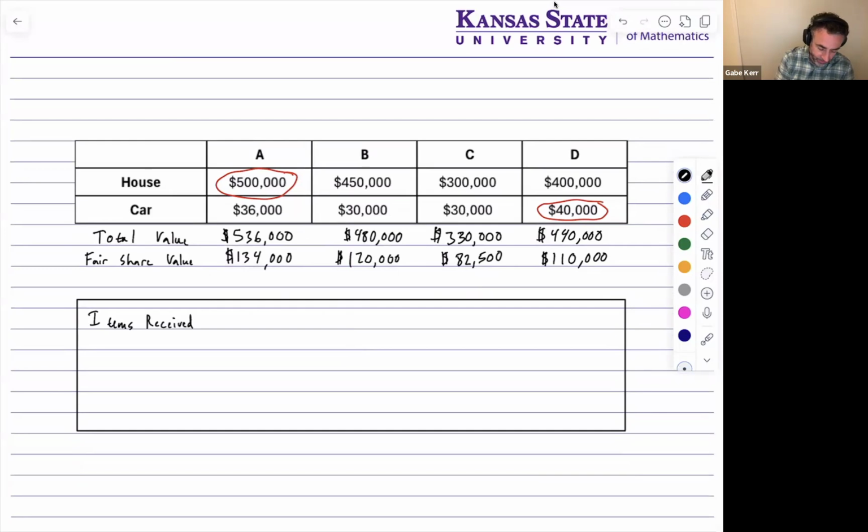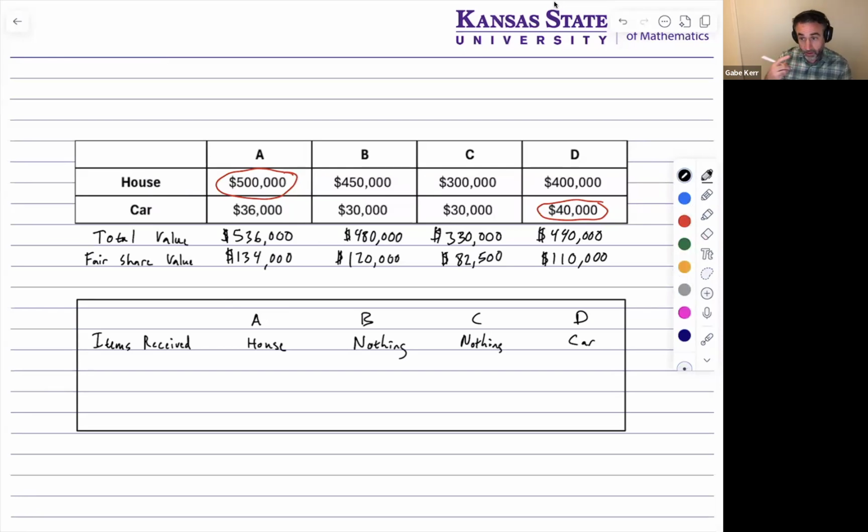Here I've got players A, B, C, and D. A received the house. B did not receive anything, so nothing for B, nothing for C. These are assets received, so items, not the full amount. And then the car goes to D.